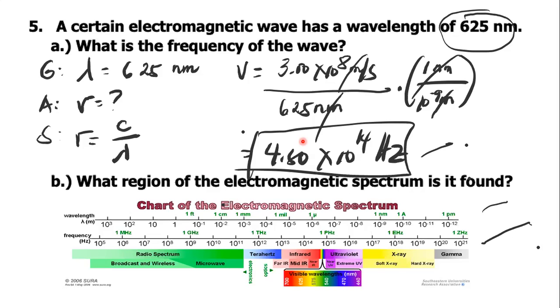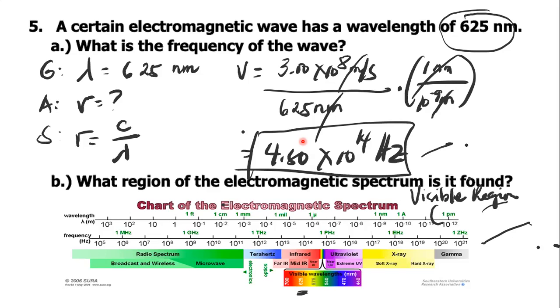And of course, looking at another value presented here are the wavelengths of the visible light, specifically of the colors. So we have 625. So therefore, what region of the electromagnetic spectrum is it found? It's the visible region.